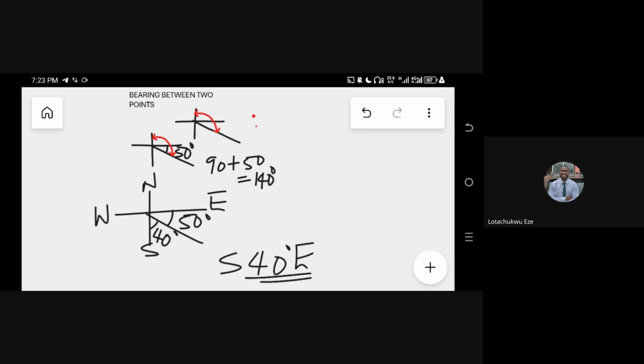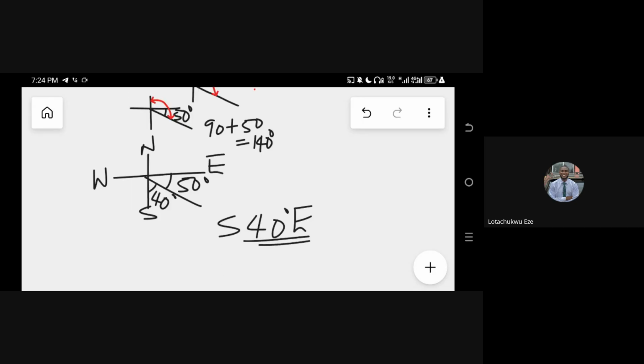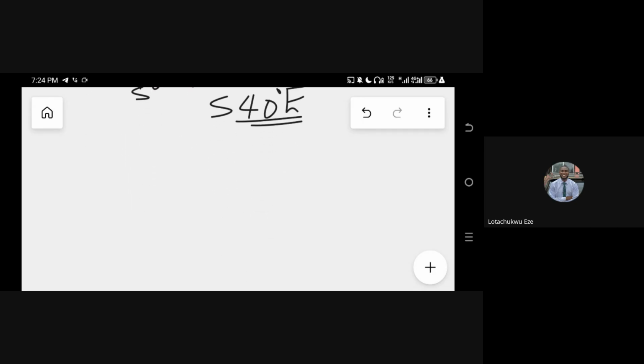So today, our topic is actually the bearings between 2 points. That's what we're looking at today: how to determine the bearings between 2 points. The bearings between 2 points usually have to do with three-digit bearings.